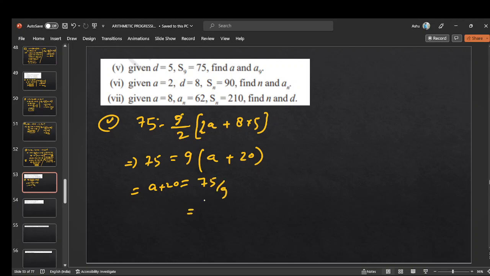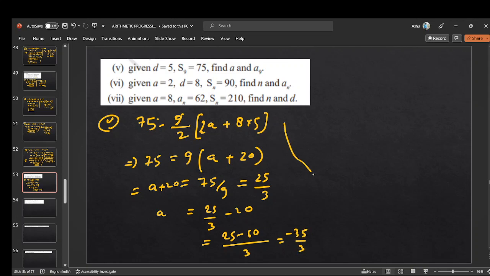Then if we solve it, we get 25 by 3. Now A will be 25 by 3 minus 20, 20 into 3 is 60, 25 minus 60 upon 3, that will be minus 35 by 3.